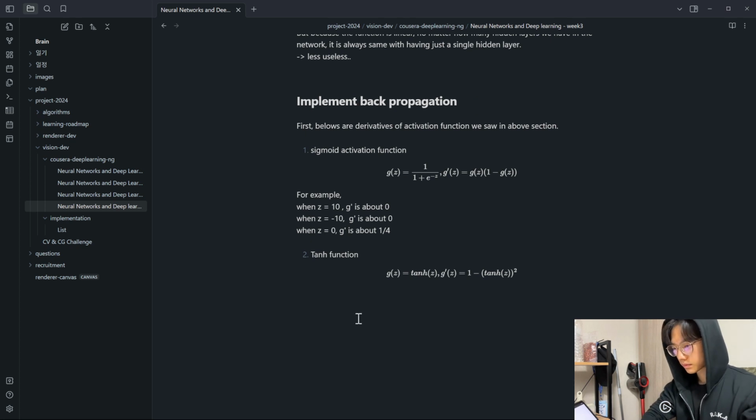For the ReLU, g of z is equal to max of 0, comma z. So the derivative turns out to be 0 if z is less than 0 and 1 if z is greater than 0.